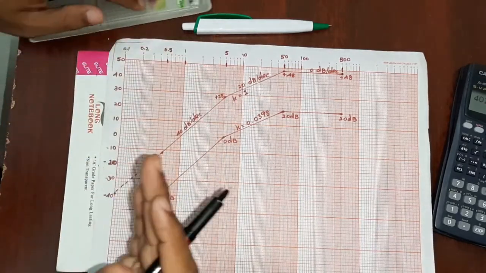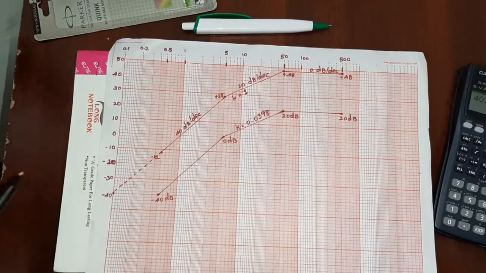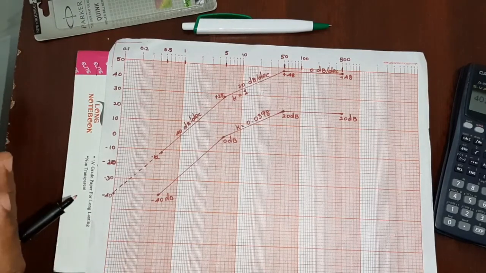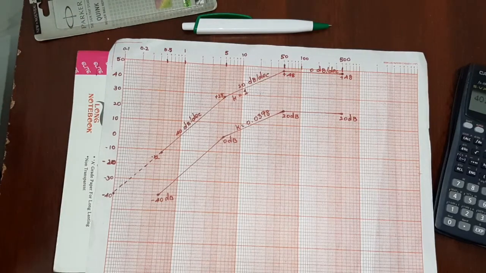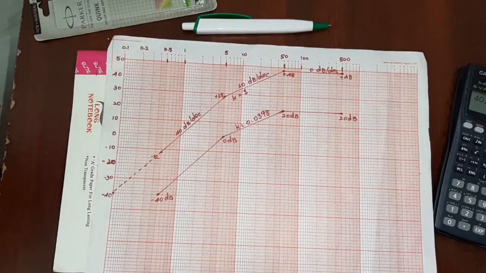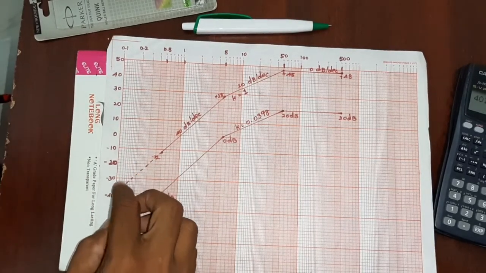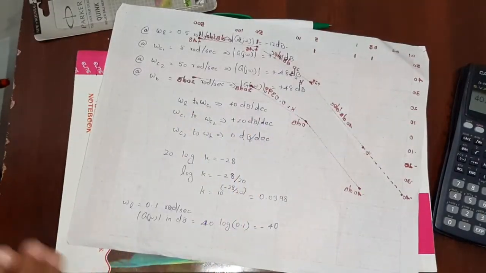So whatever value we take for omega L, any value less than the corner frequency, like 0.1 or 0.2 or 0.3 radians per second, the magnitude will be obtained accordingly. If the equation that we have framed is right, there won't be any mistake.